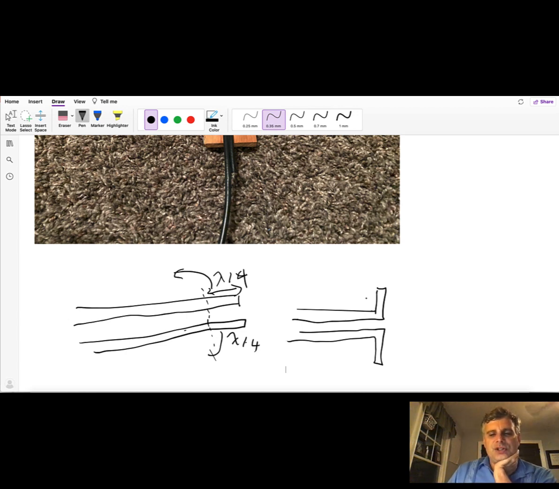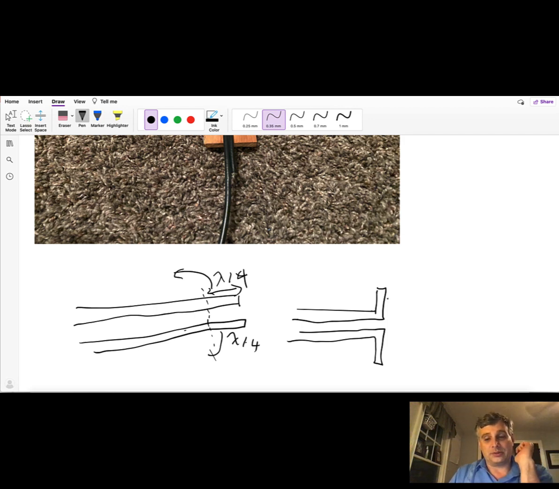And if I just assume that the open circuit transmission line is doing exactly the same thing in terms of its current distribution as it did when it was just a straight open circuit transmission line, I actually get a surprisingly good approximation to Pocklington's integral equation.